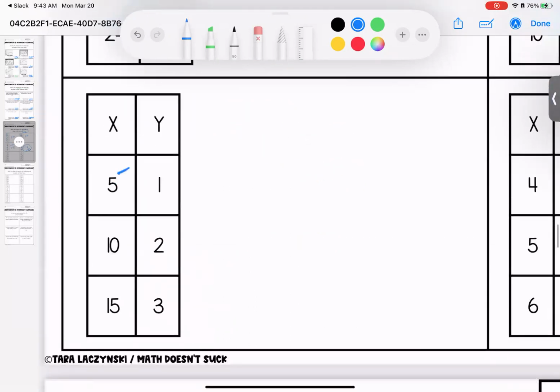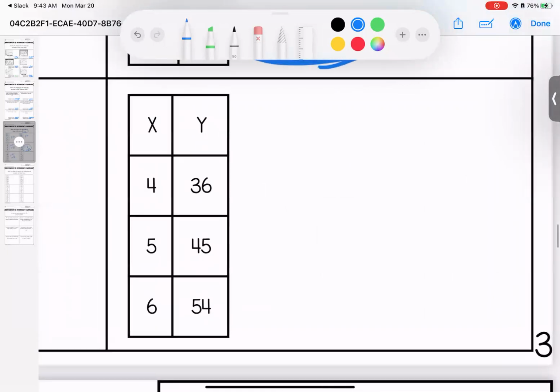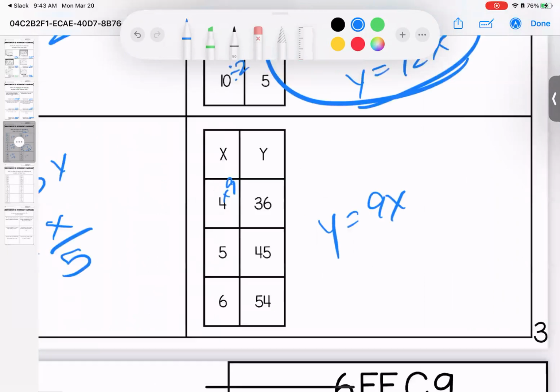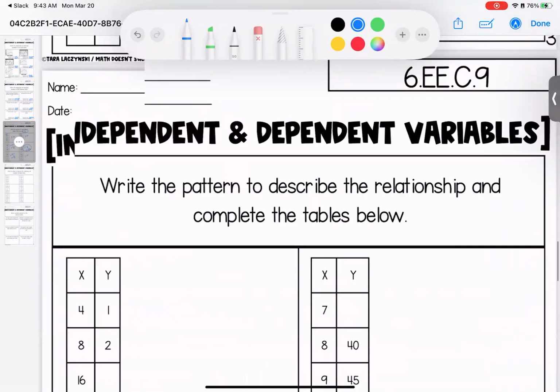Down here, I'm dividing each of these by 5. So y is equal to 1/5 of x, or y is equal to x over 5. And then our last one here, I'm multiplying by 9. So y is equal to 9x. Any questions on these? Bring them with you to class.